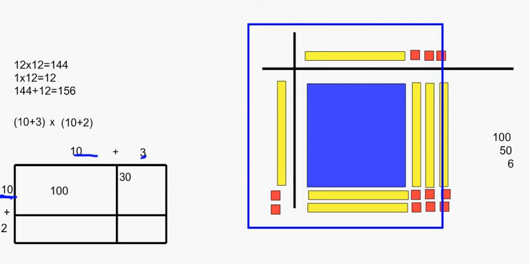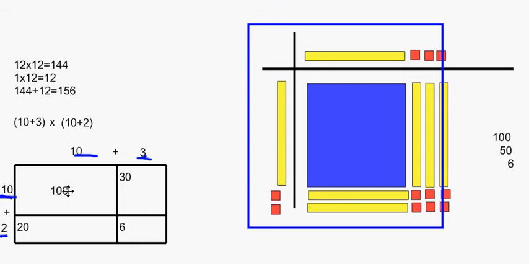Here, I've got my 2 times the 10 piece, and so that gives me an answer of 20. That fits in that section there. And finally, in the bottom right-hand corner, I've got the 2 times 3 piece, and that gives me 6, and that goes into the bottom right there.